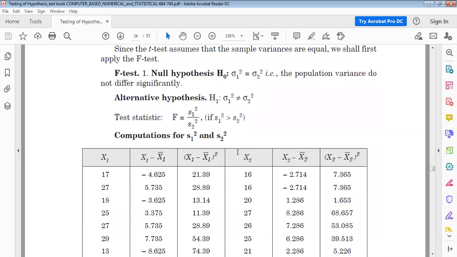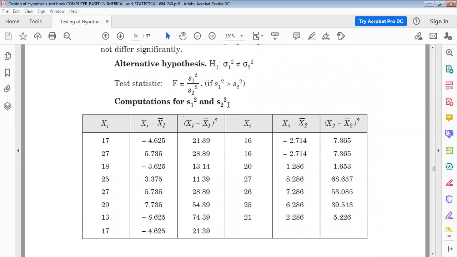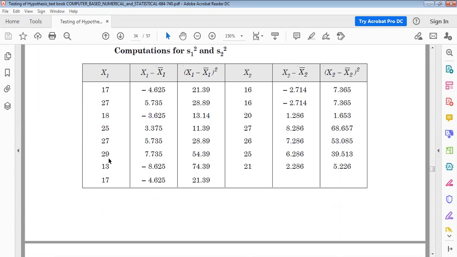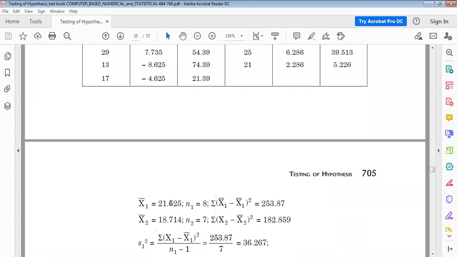Now the computation of S1 square and S2 square for the two individual samples. First, X1 is this, from the first sample. And this is the second sample, which has one observation fewer than the first sample. So we can calculate the mean X1 bar.